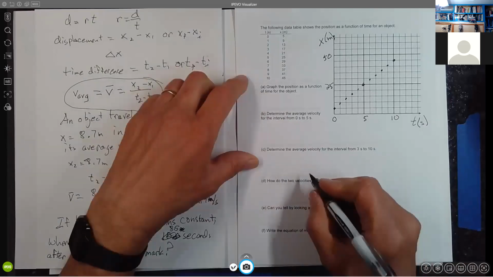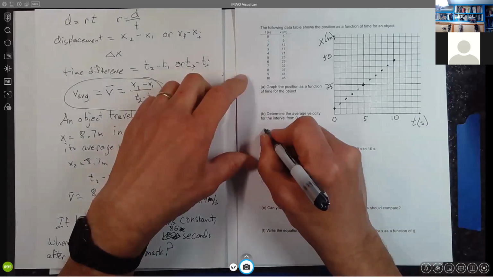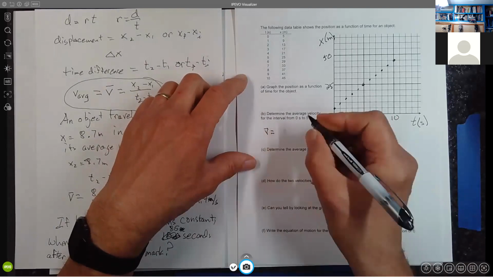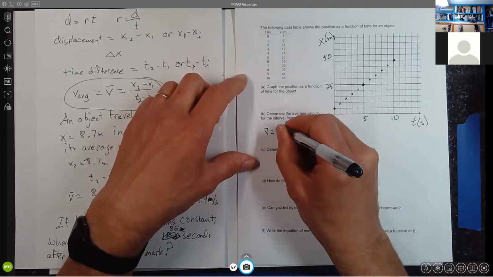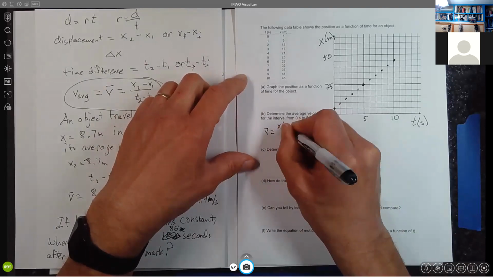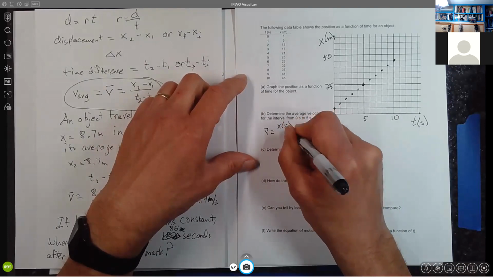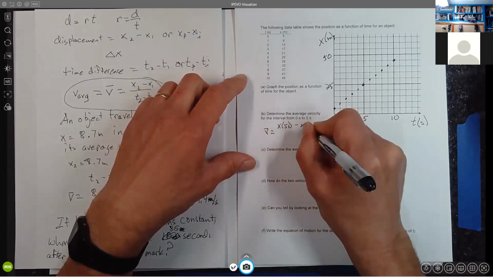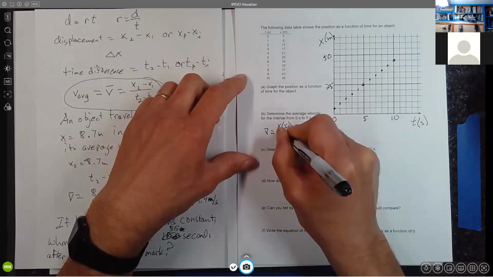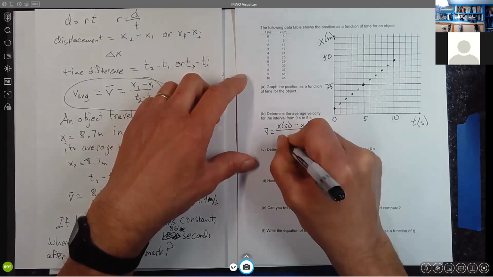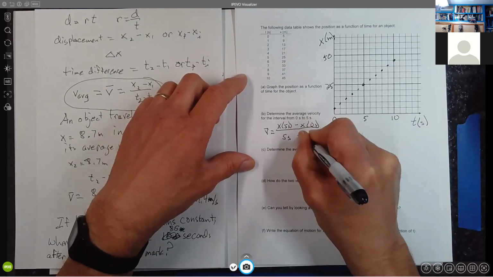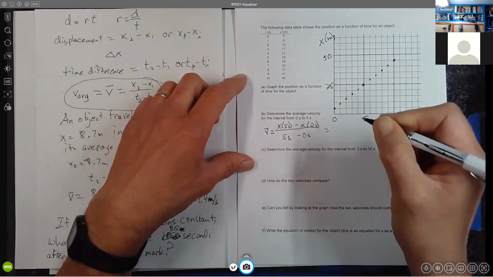Well, the way you would do that is this. V average is going to equal the position at 5 seconds minus the position at 0 seconds divided by 5 seconds minus 0 seconds. Okay, well, where is it at 5 seconds?